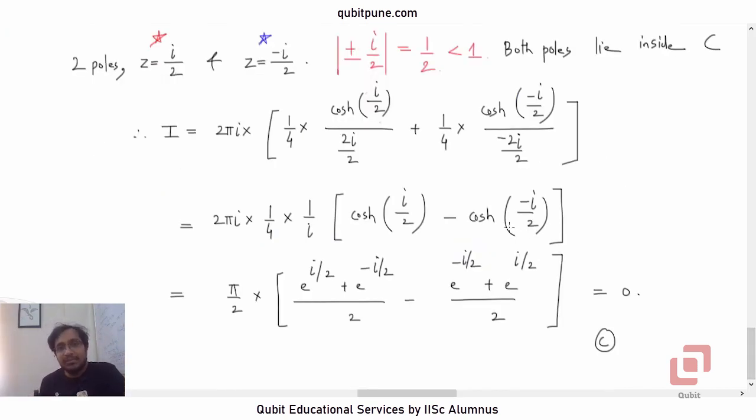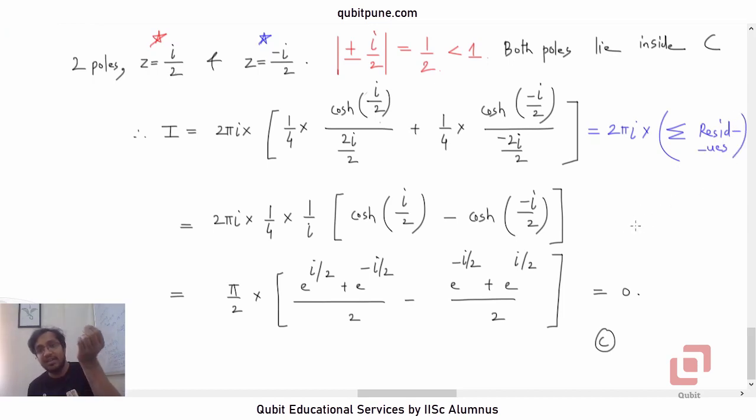The residue theorem tells us that the value of the contour integral is equal to 2 pi I into bracket sum of the residues of the function or integrand at all those poles which are inside the path of integration. And in our case we have both the poles, right? z equal to I by 2 and negative I by 2.